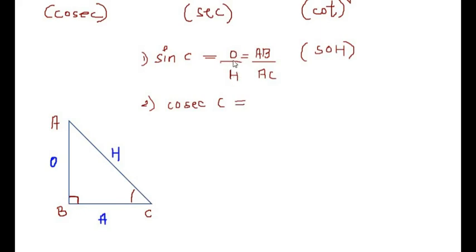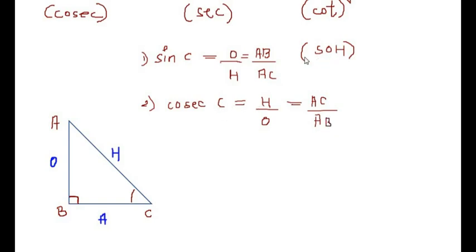Reciprocate it in the sense, whatever is there I'm going to flip it. So H, which was in the denominator, now becomes the numerator, and O, which was the numerator, now becomes the denominator. This is what reciprocation means. So here it becomes AC over AB.